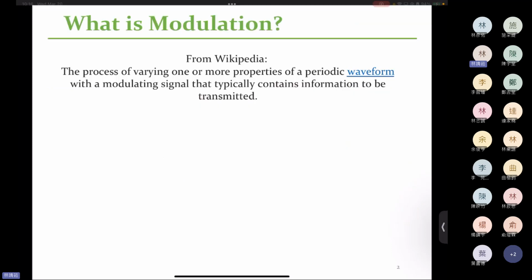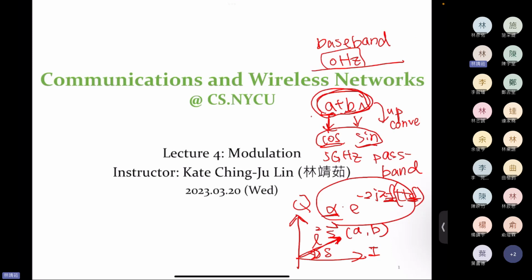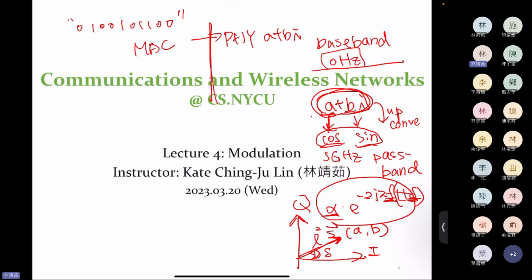So now the question is, we know that our computer, our device, is in the digital world. When we say we are in the digital world, that means what we generate is something like 0101 bits, right? So that's the digital world. This is what we generate in the MAC layer. But going to the physical layer, you try to transmit A plus BI, which is not a 0101 binary string, right?